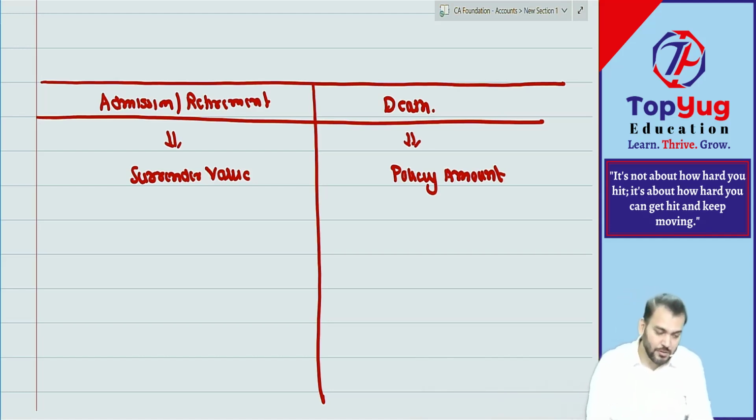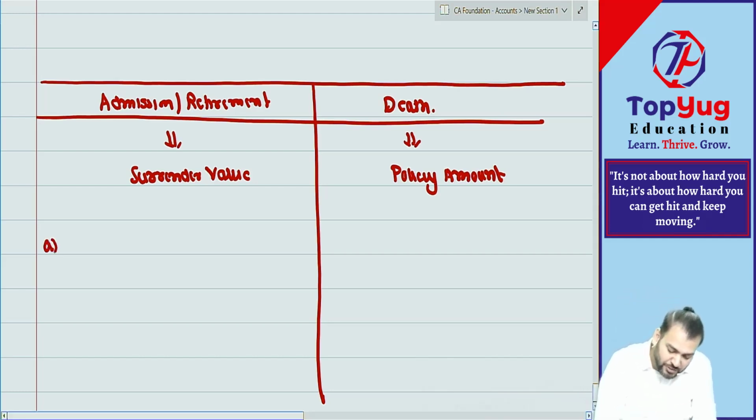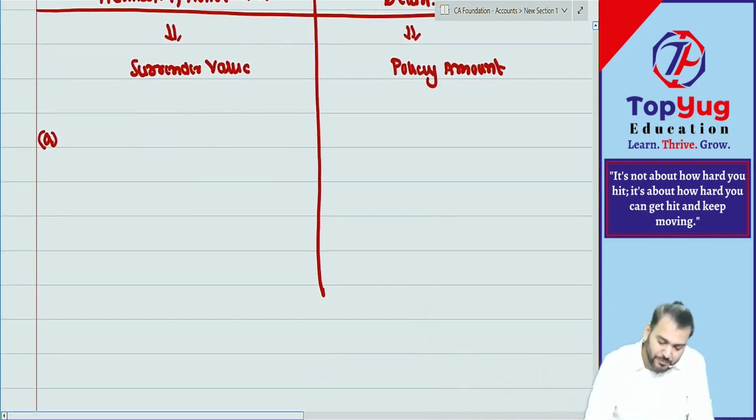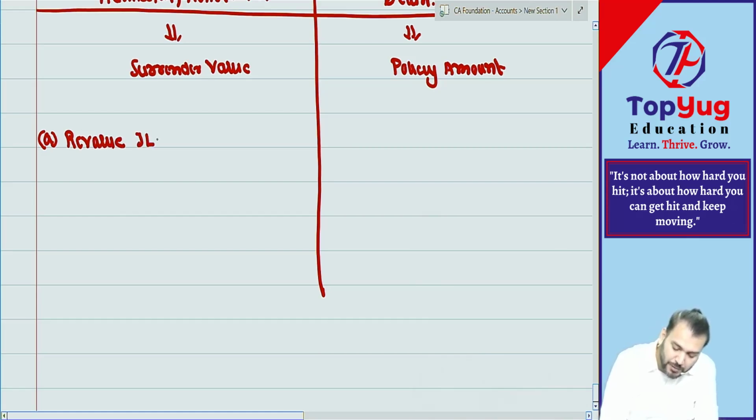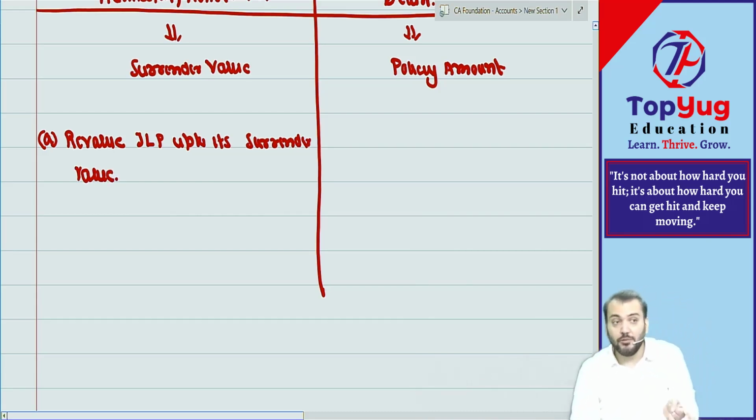Now, can I say first journal entry in case of admission, retirement, what will it be? Revalue GLP up to surrender value.